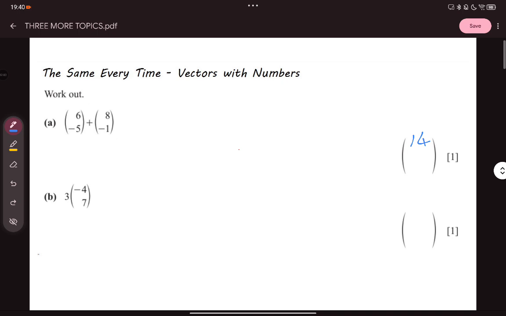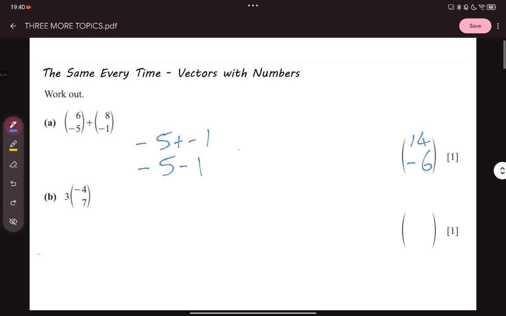And then along the bottom, be a little bit careful, negative 5 plus negative 1 is the same thing as negative 5 minus 1. Adding a negative is the same as subtracting. So think about your number line. Start at negative 5, go 1 backwards, 1 to the left, takes you to negative 6. Of course, if it's a calculator paper, you could do that on your calculator if you weren't sure about it.